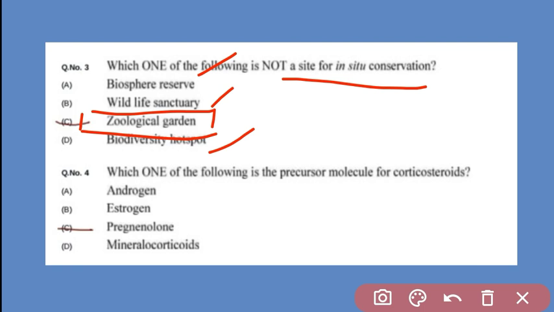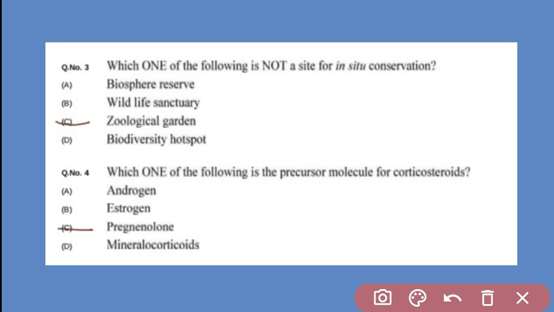Ex situ conservation means conservation of a living species outside their natural habitat. It includes botanical gardens, zoological gardens, cryopreservation, DNA banks, aquariums and zoos. So option C is the answer to this question.